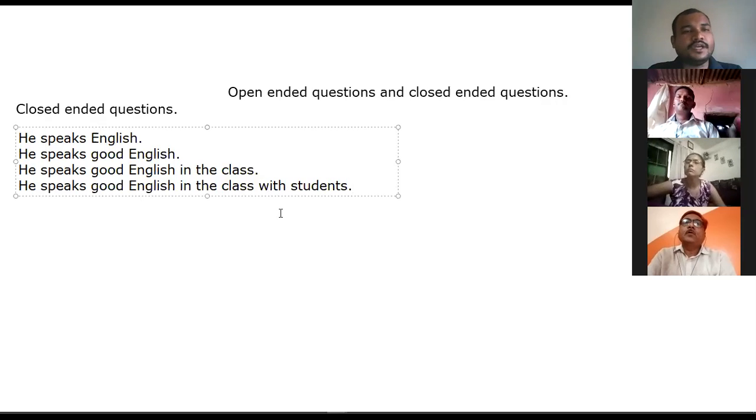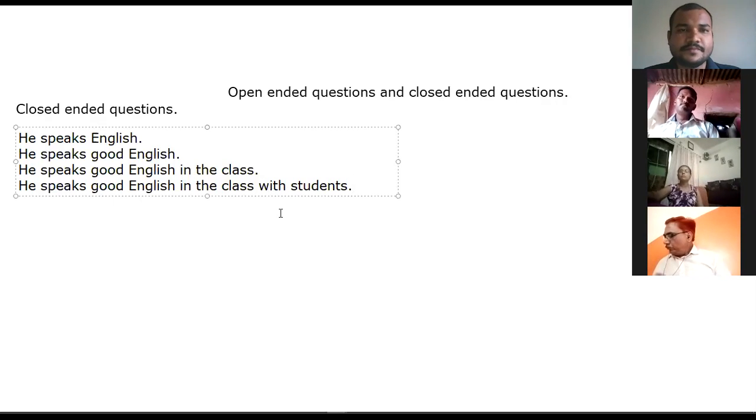Okay, so here I have given 4 examples with the same subject, same verb, with a little bit of modification. From sentence to sentence, I just added a few words. Correct? Say yes or no. Right.